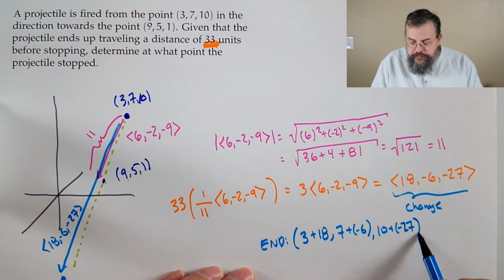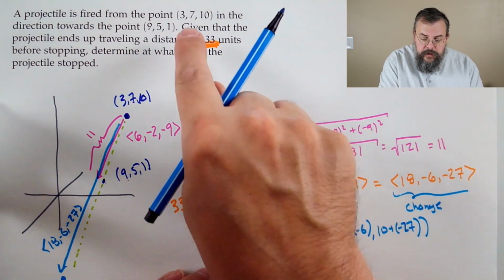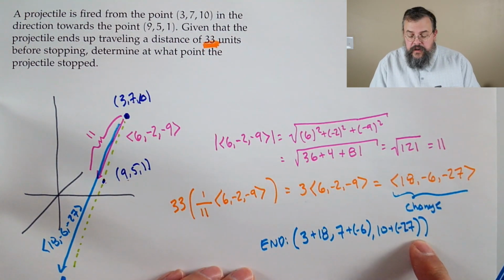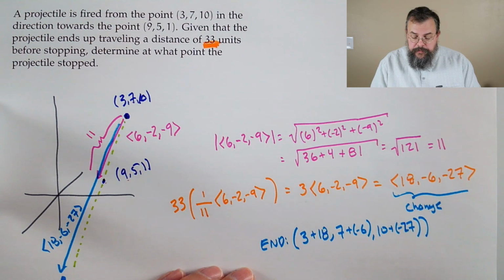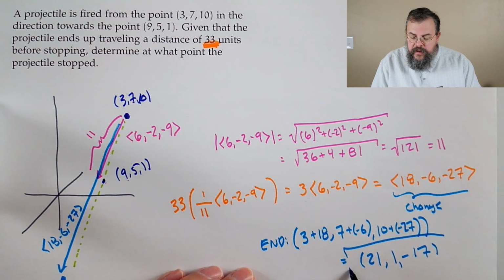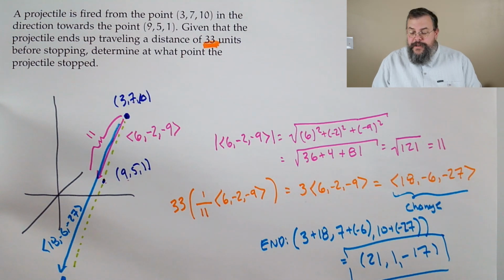So again, 3, 7, 10, that's where we start, and 18, -6, -27, that's how much we change. That's going to be where we stop. So we end up with 3 plus 18, 21. 7 minus 6, 1. 10 minus 27, -17. And that's where we'll stop. And there we go.